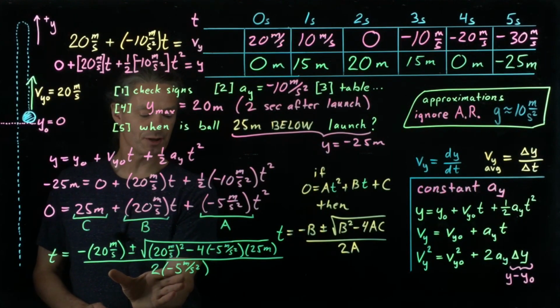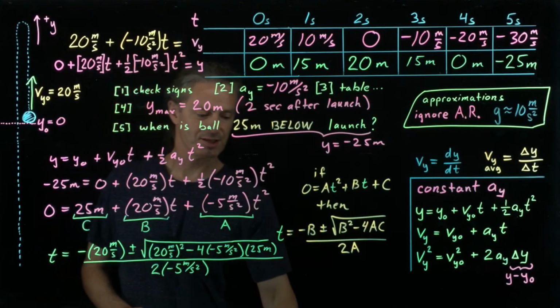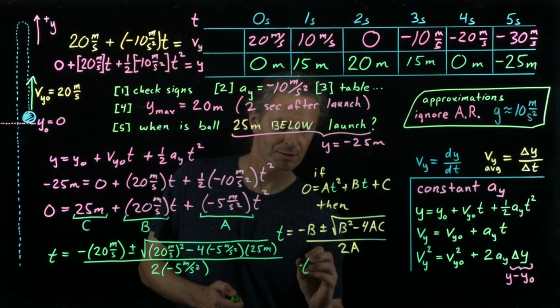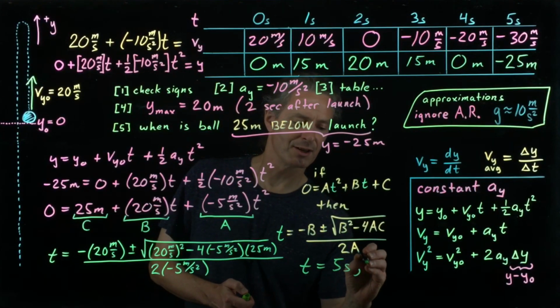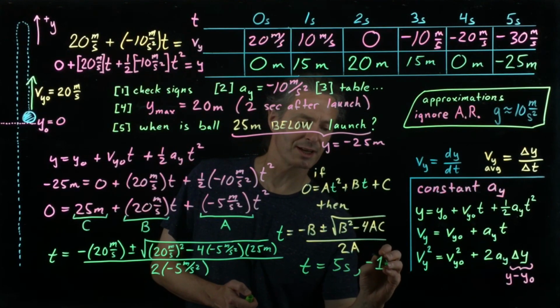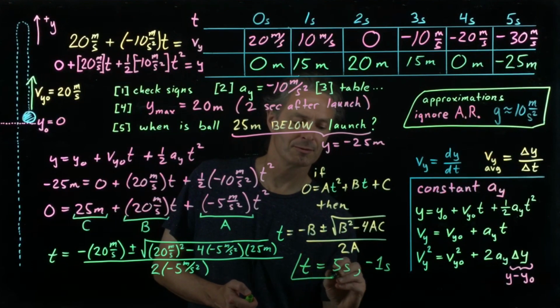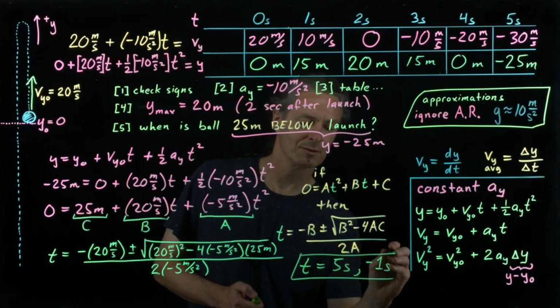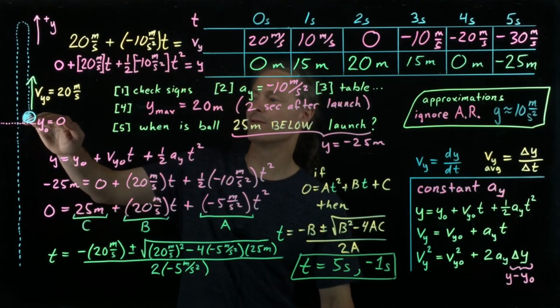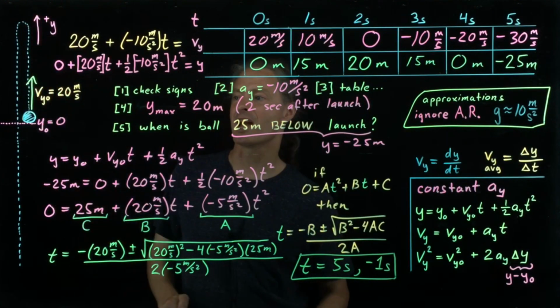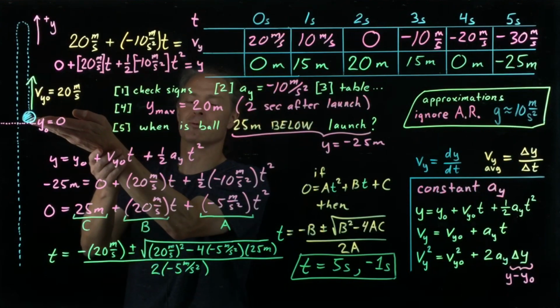If we plug and chug those numbers, we get t equals positive 5 seconds and also negative 1 second. Now, the negative 1 second was before this stuff started even happening, right? Our clock started at t equals 0.